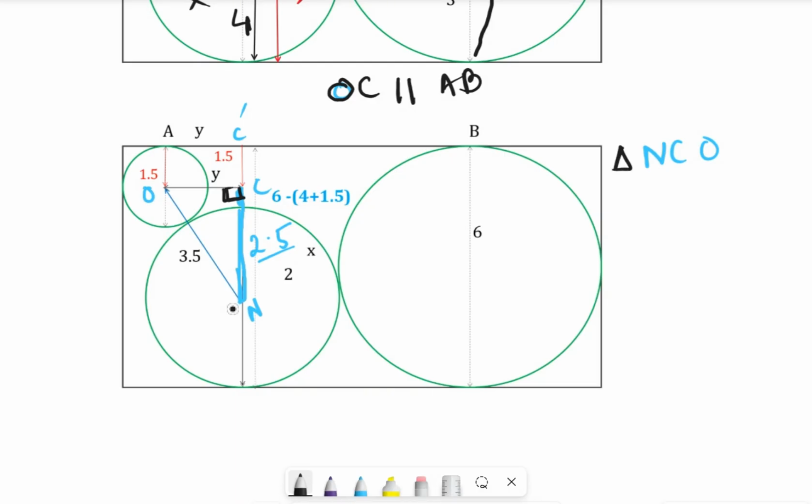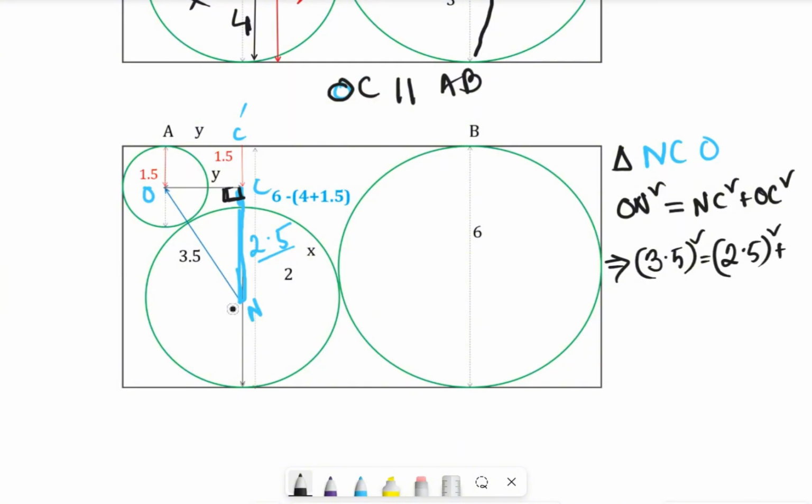Indeed, we can apply Pythagorean theorem. So ON square equals NC square plus OC square. Now plug in the values. ON is 3.5 whole square. NC is 2.5 whole square plus OC is Y, so this is Y square.